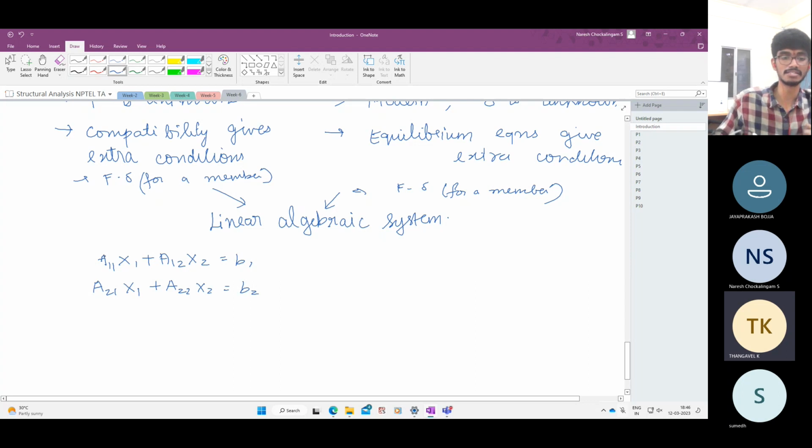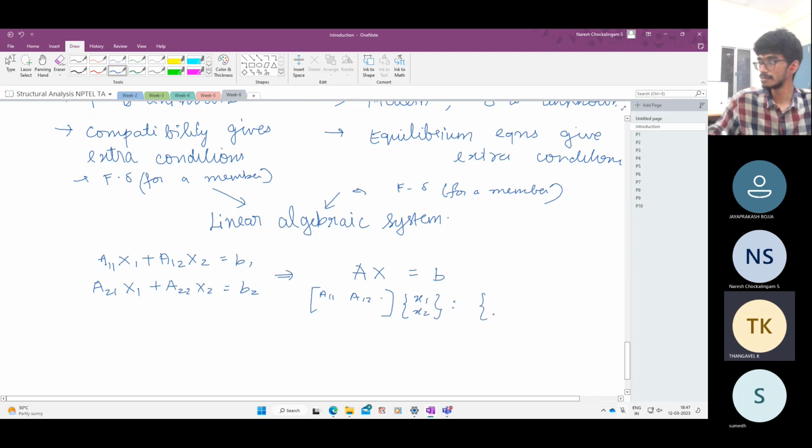You can use Gauss elimination or Cramer's rule and get the unknowns x1 and x2. You can always express this in matrix form as A x equal to b, where A is the matrix a11, a12, and so on, x is the vector of unknowns, and b is a vector of knowns.